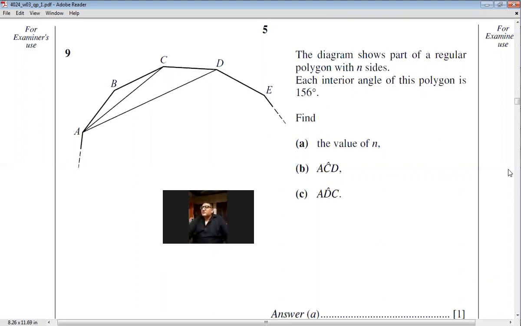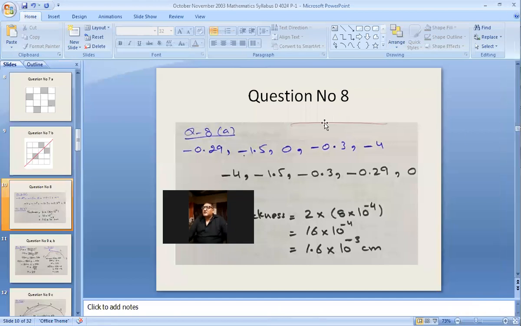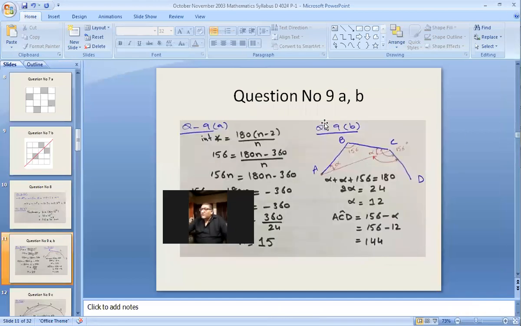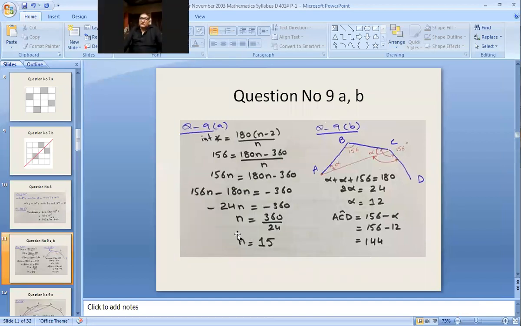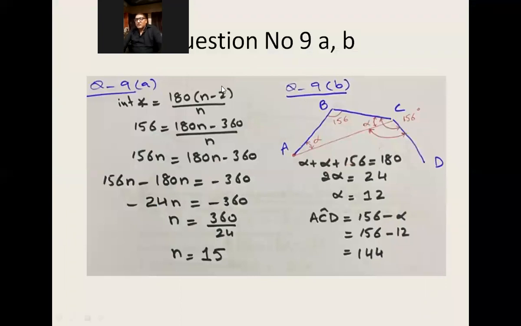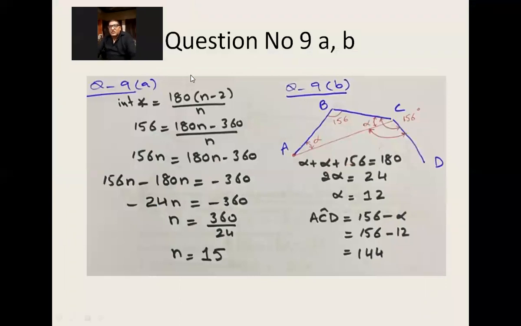So let me show you my work. Question number 9 is showing on your screen. So the internal angle is equal to 180 bracket n minus 2 divided by n. The internal angle value is 156, which is given.